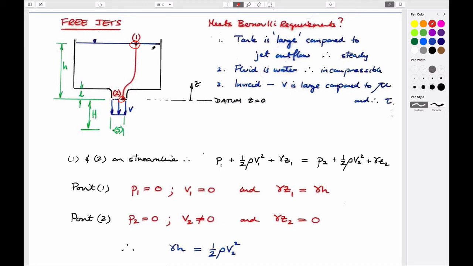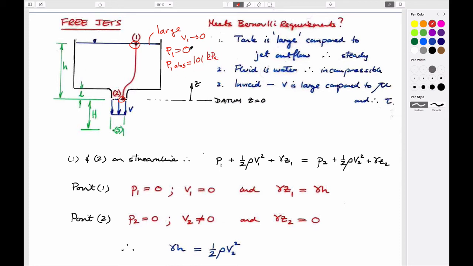The boundary conditions often are, if we talk about a large tank, basically means that the velocity can be thought of as zero. If it's at atmospheric and we're doing everything relative to gauge pressures, then P1 in gauge pressures is equal to zero, but P1 in terms of absolute pressures would be equal to, say, 101 kPa.